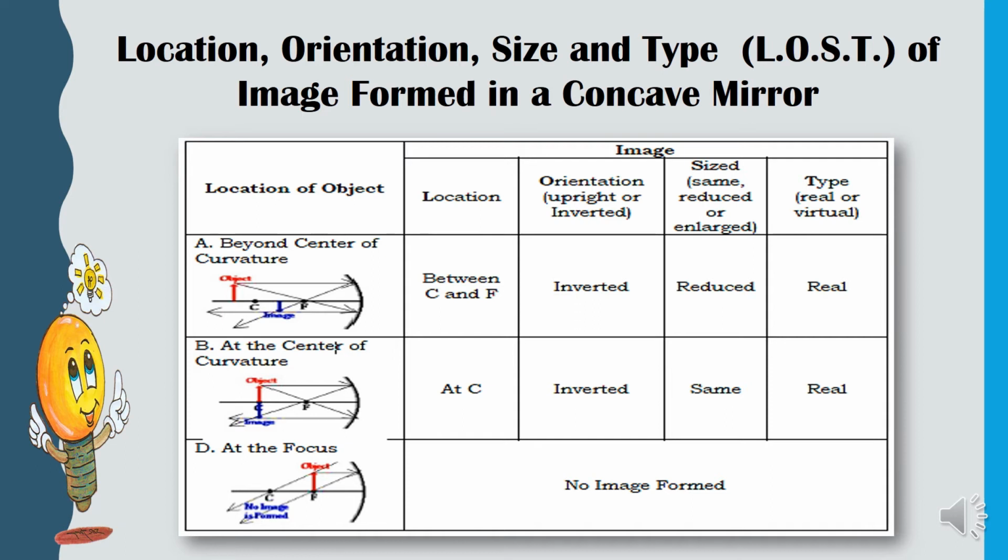When the object is placed at the center of curvature, the image formed will also be located at the center of curvature. It is inverted, same size as that of the object, and real. However, when the object is placed at the focus, no image will be formed.